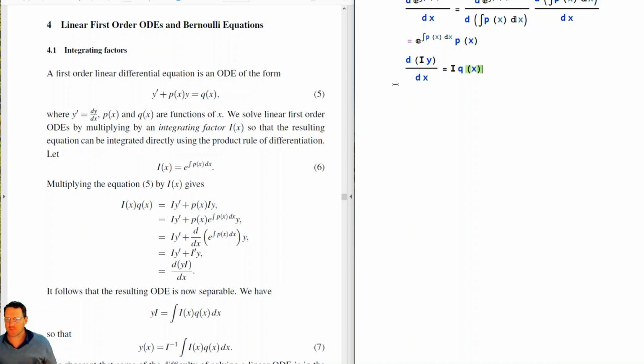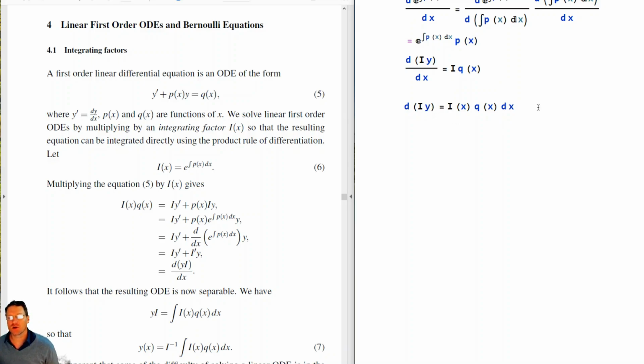Now it's separable, so what do we do? We separate it. Let's put the dx on the right-hand side. Notice that I is a function of x, so on the right here, we have just functions of x. On the left here, we have d(Iy).